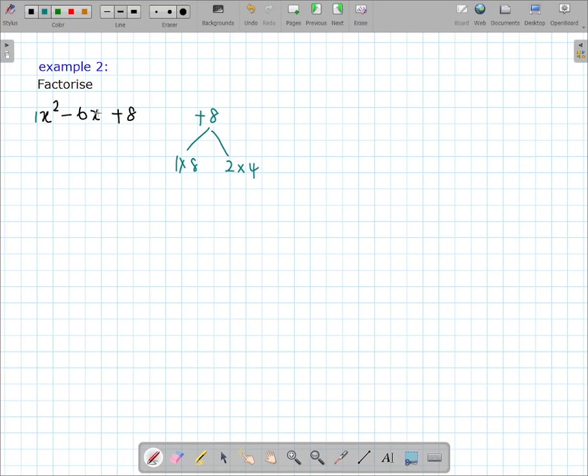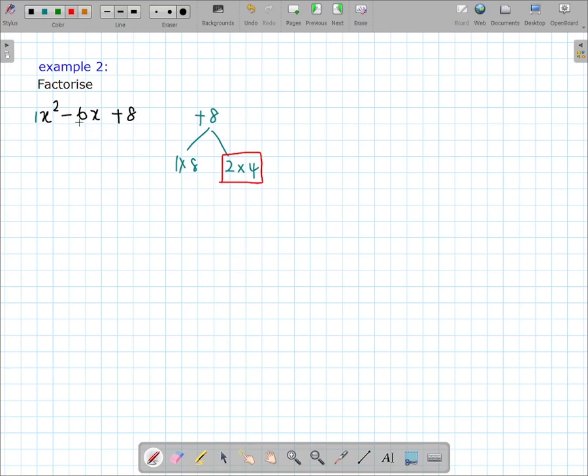Then the linear term coefficient is 6. We have to find factors that, when added, equal 6. So 8 add 1, that is 9. 4 add 2, that is 6. Then we have the relevant factors, 4 and 2.